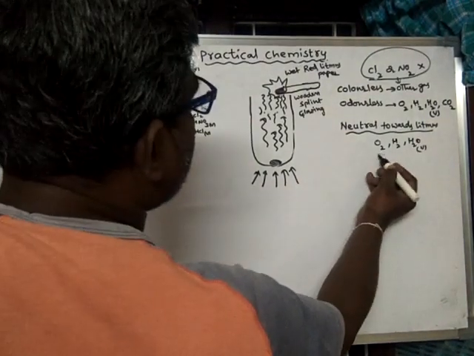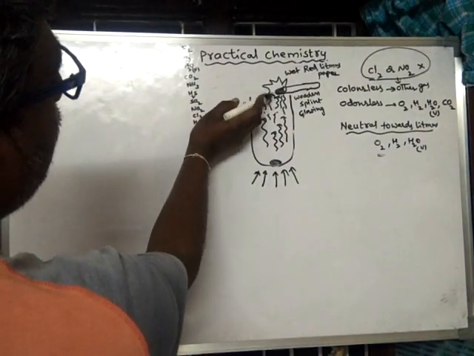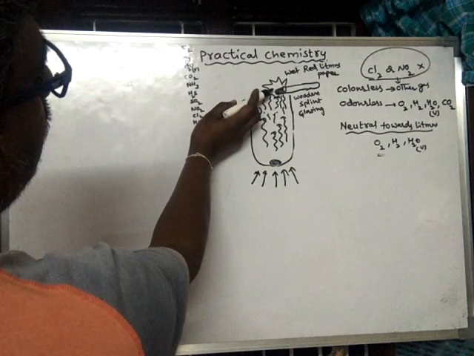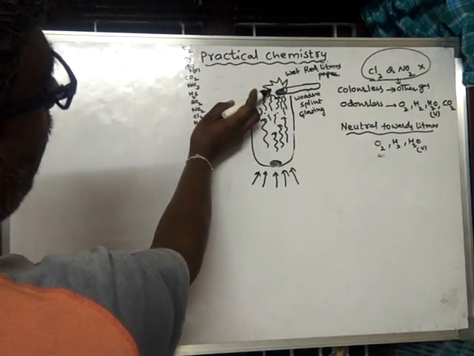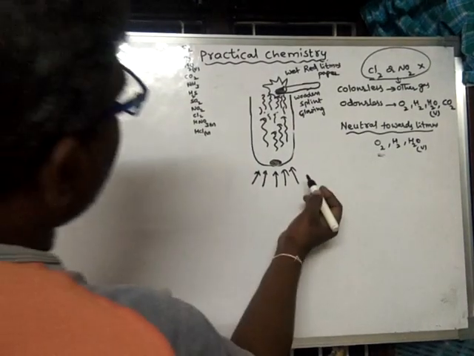But only oxygen can relight the wooden splint. Relight means it was glowing before that, and now it has caught fire, that means flame.